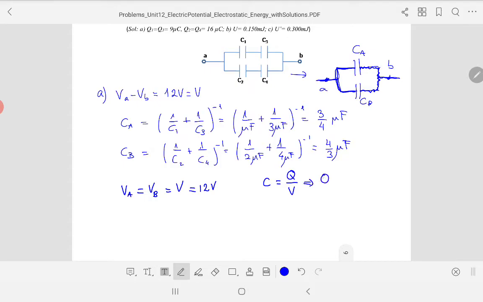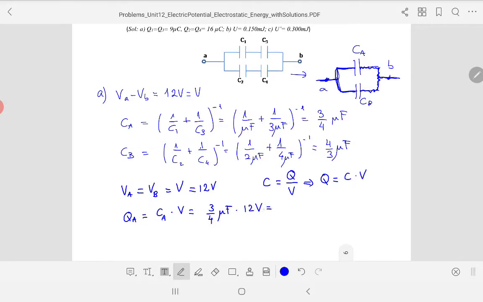So from here we know that the charge held by a capacitor is going to be the capacitance times the potential difference. So for the charge of capacitor A, this is going to be CA, which we've already calculated, times this V. This is 3 over 4 microfarads times 12 volts.